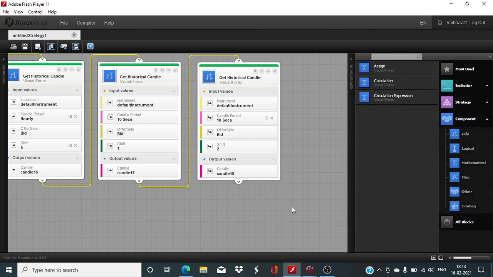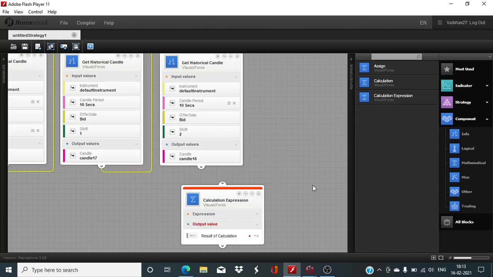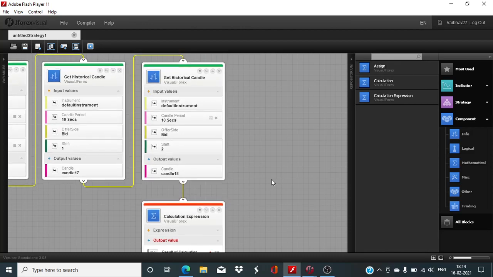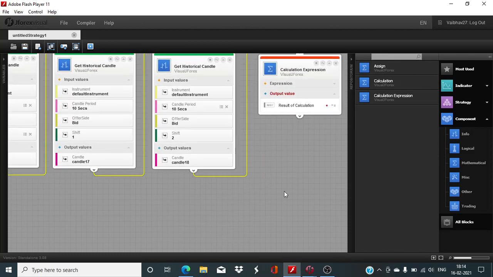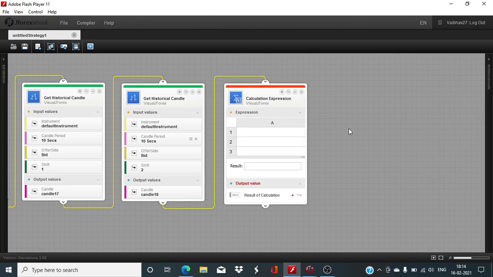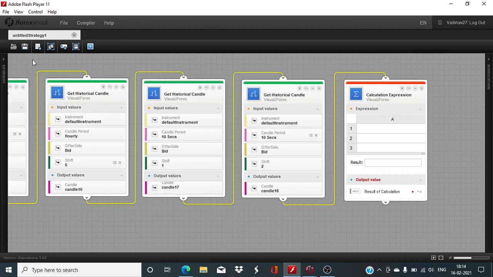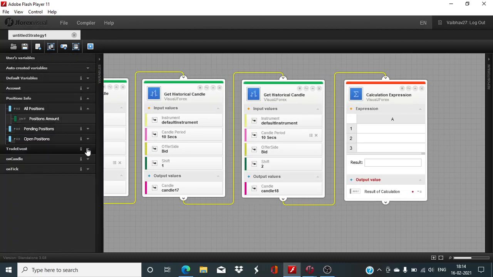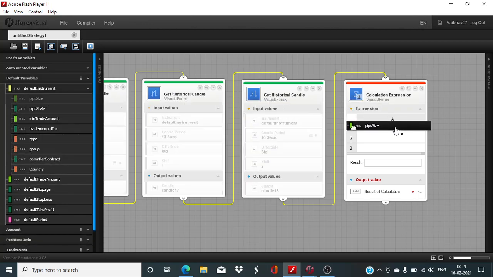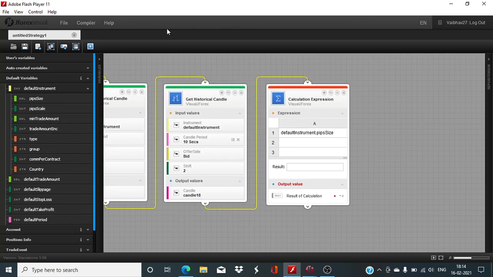So here, calculation expression, and as I said, the requirement is going to be of 10 pips. The volatility should be there of at least 10 pips. So I will first define that condition using the default instrument's pip size, and I will have to create a new variable.